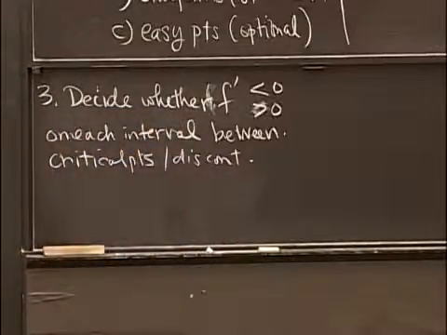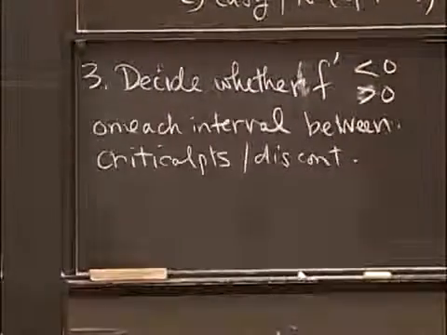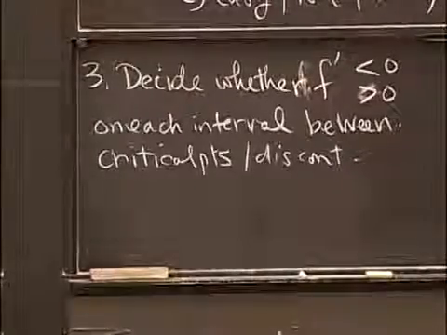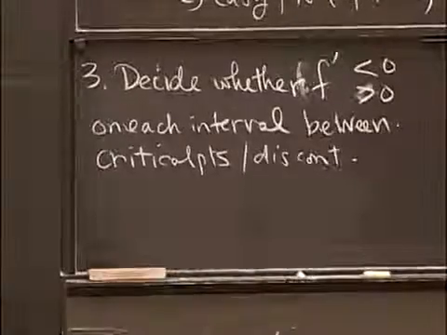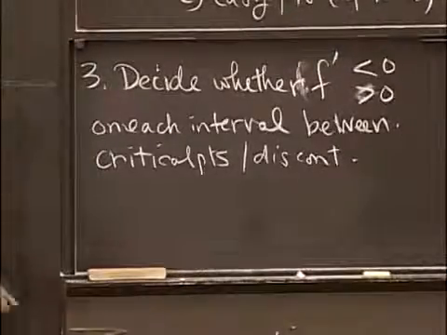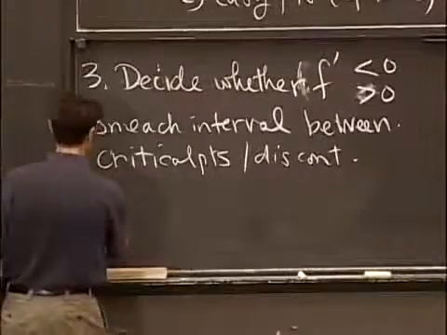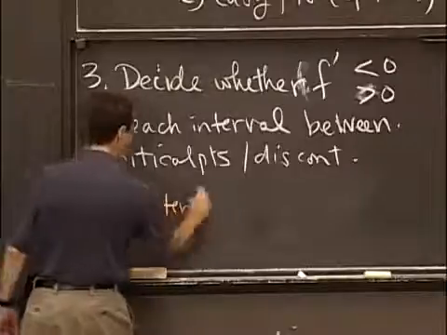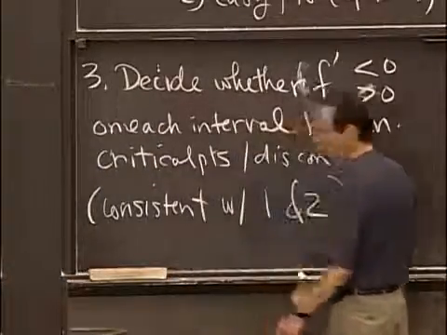The direction of the sign, in this case, doesn't change. It goes up here, and it also goes up here, but it could go up here and then come back down. So the direction can change at every critical point. It can change at every discontinuity, and you don't know. However, this particular step has to be consistent with steps 1 and 2.